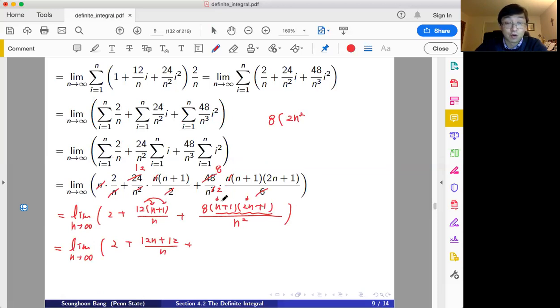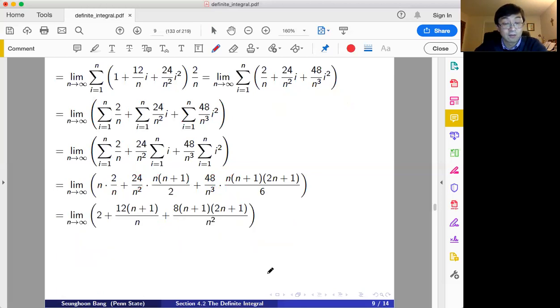The inner and outer: outer is n times n is n, inner 1 times 2n is 2n. n plus 2n is 3n. The last, 1 times 1 is only 1. Next, distribute 8. So we have 16n squared plus 24n plus 8 over n squared. So we have this result.